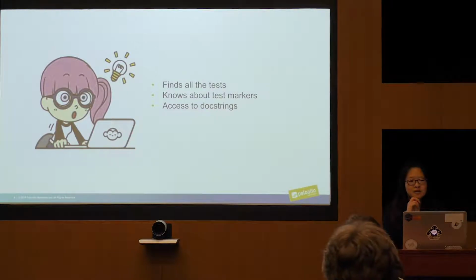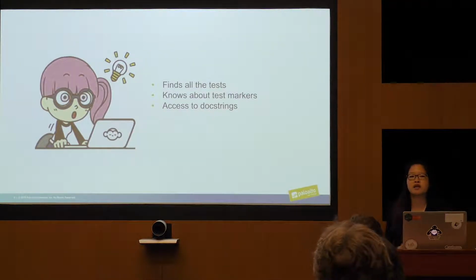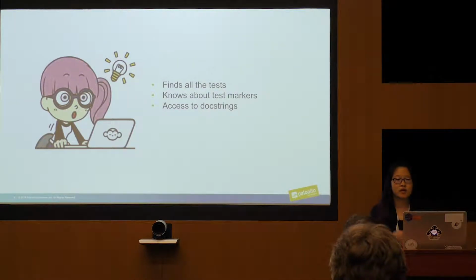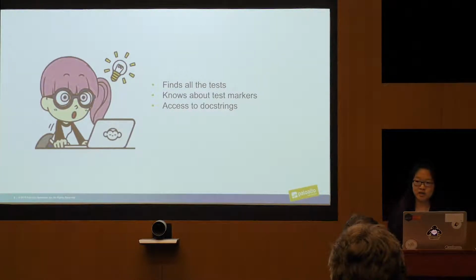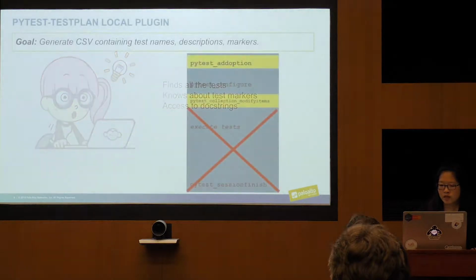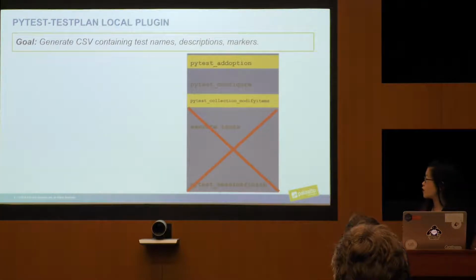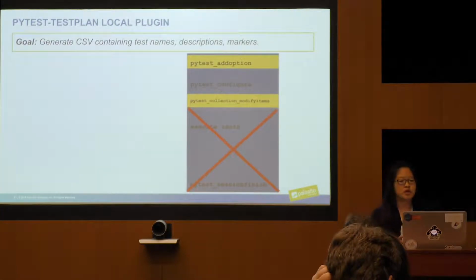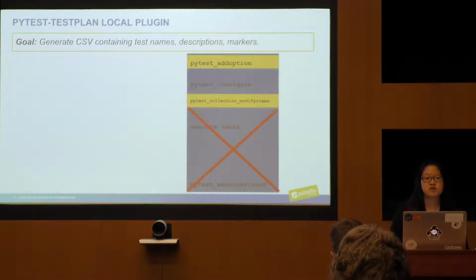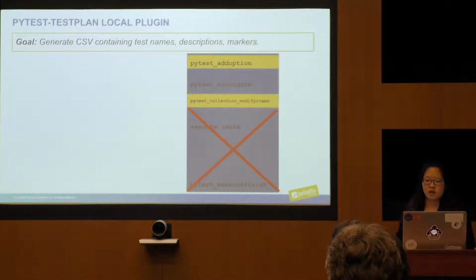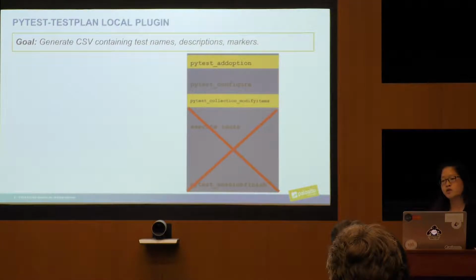There is something that exists that already knows how to get to all the test cases, knows about the test markers, and knows about all the docstrings. And that's Pytest. So I'd remembered reading about Pytest plugins, and so I went to research that in a little more detail. And then I decided, okay, I'll write a Pytest plugin.